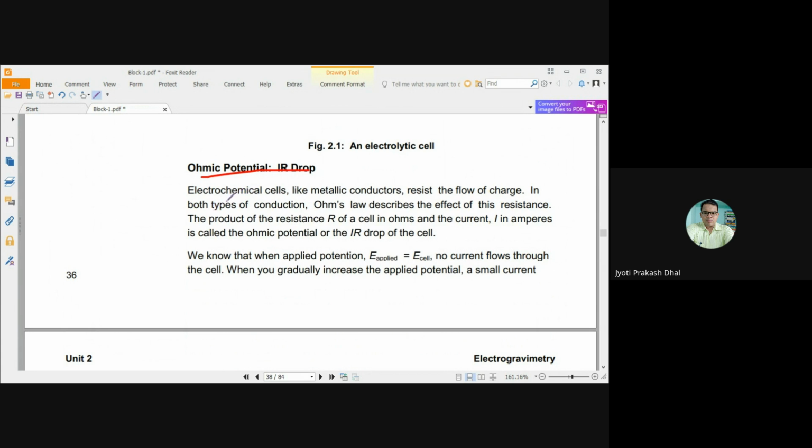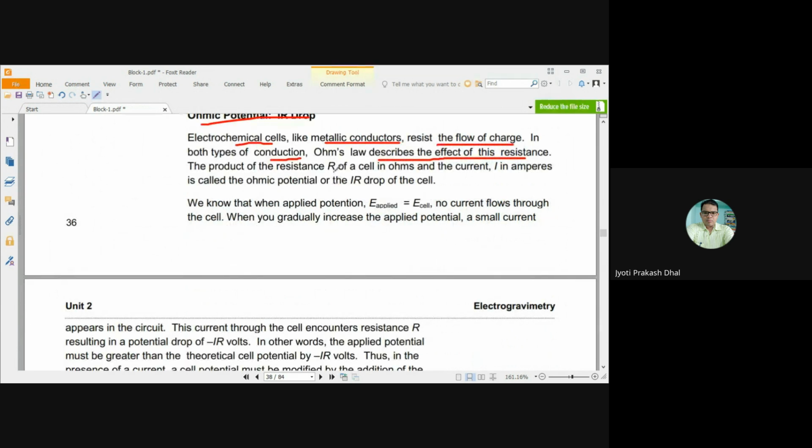In electrochemical cells, like metallic conductors, they resist the flow of charges in both types of conduction. Ohm's law describes the effect of the resistance. The product of the resistance R of a cell in ohms and current I in amperes is called the ohmic potential or IR drop of the cell.